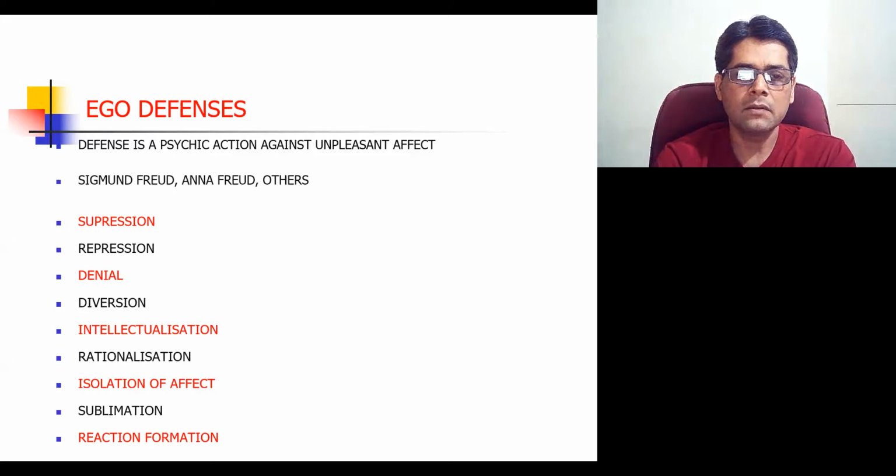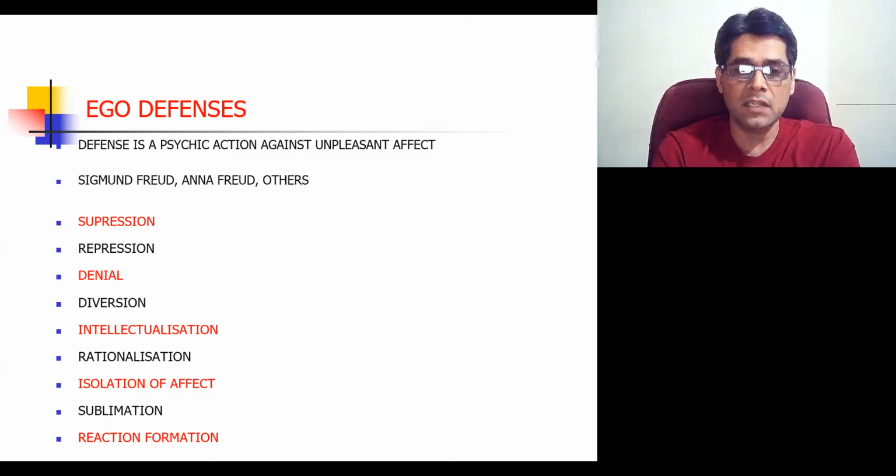Reaction formation. It is a defense which is used to create emotion exactly opposite to the emotion that you are really feeling in the depths of your mind and which is unbearable. For example, somebody receives the news of somebody's death, and he starts laughing.